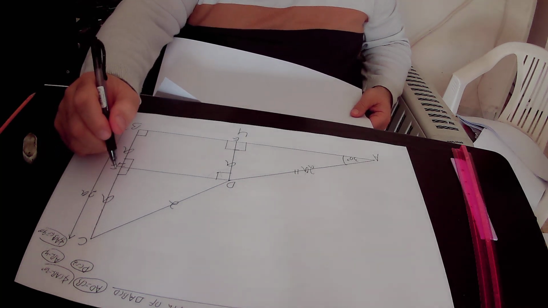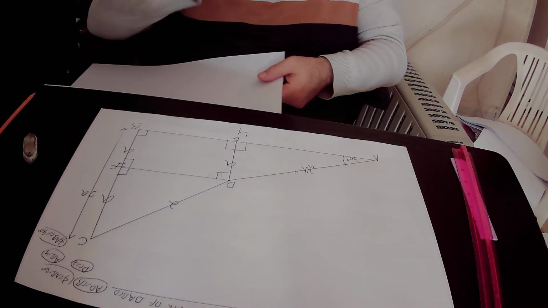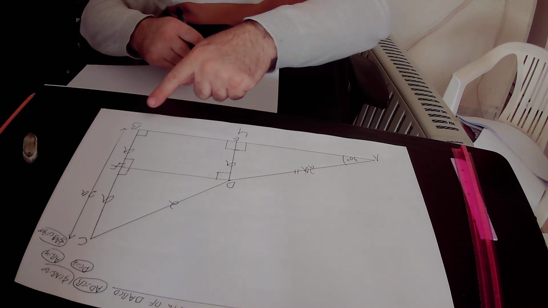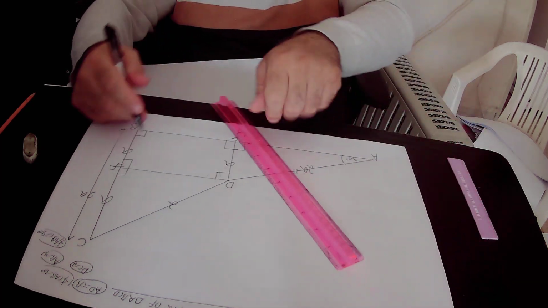In the next step, we will join points D and B by a straight line.